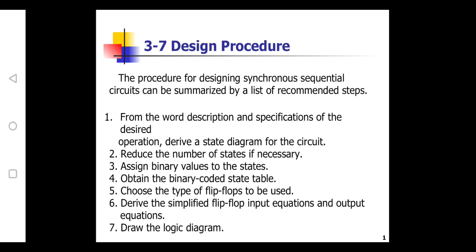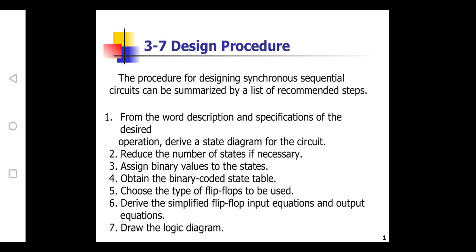If they didn't specify any flip-flop, we can choose any type of our choice. The next step is to derive the simplified flip-flop input and output equations. That is, from the table we draw the K-map and simplify the expression from that K-map. That simplified expression should be drawn as a logical diagram.